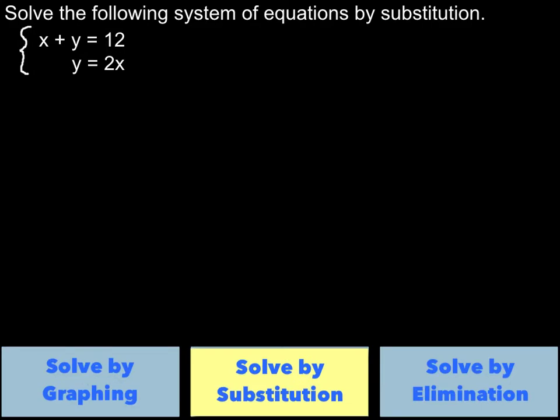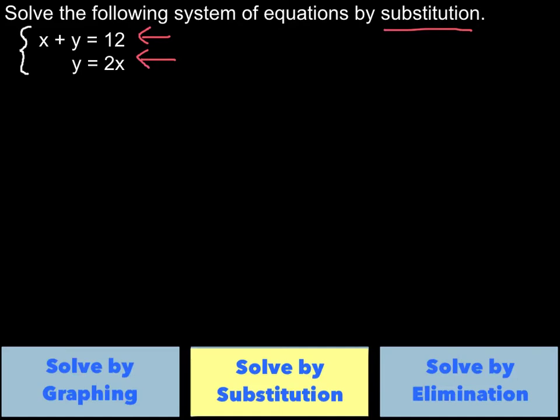The directions say solve the following system of equations by substitution. So let me go ahead and talk about the whole idea behind this method. What substitution says to do is you take either this line or this line, and the idea is to get x or y completely by itself.